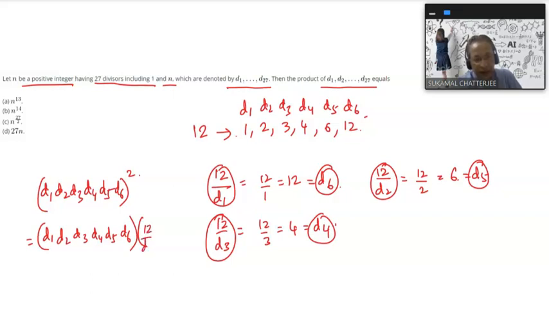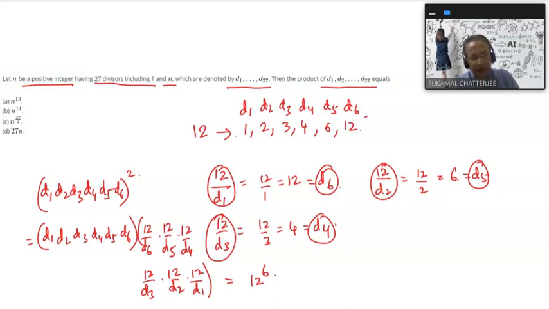So this is 12 by d6, the next one is 12 by d5, the next one is 12 by d4, the next one is 12 by d3, the next one is 12 by d2, the next one is 12 by d1. So all of this will get cancelled and I will get this as 12 to the power 6. So that means the product of d1 to d6 will be 12 to the power 6 by 2.